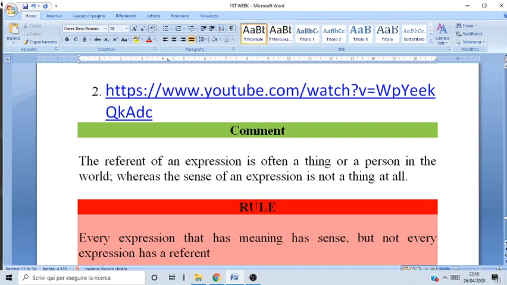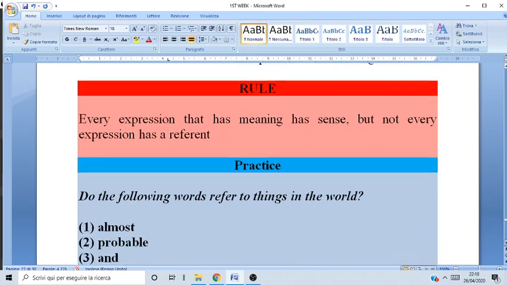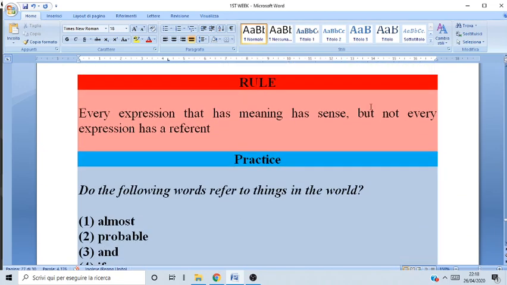And we looked at the difference between referent and sense, saying that the referent of an expression is often a thing or a person, but the sense of an expression is not a thing at all. Okay, it's abstract. Now look at this rule.